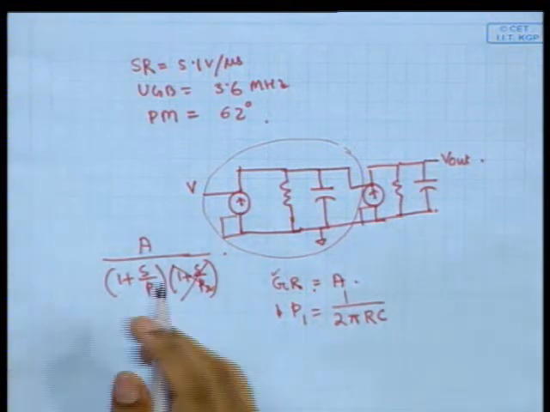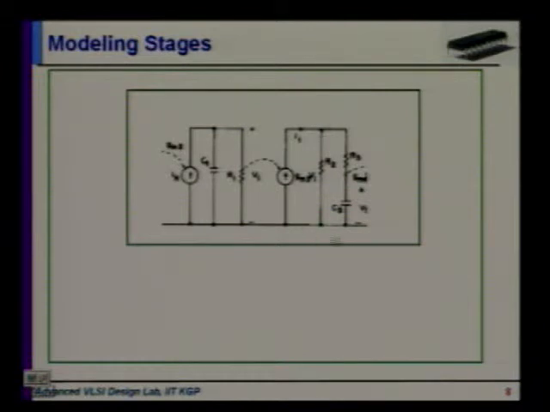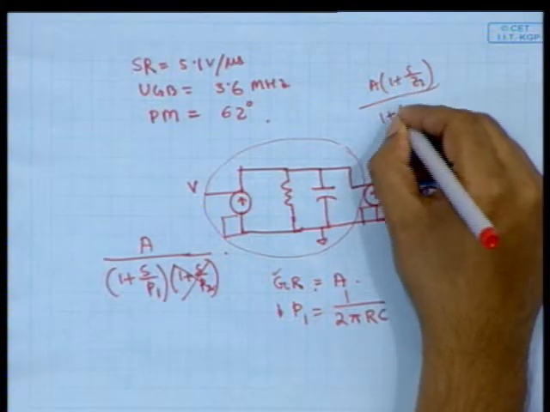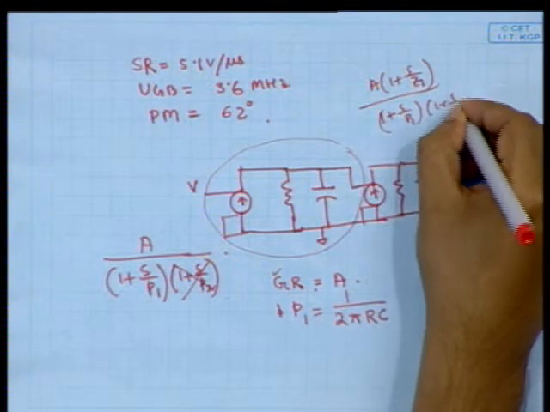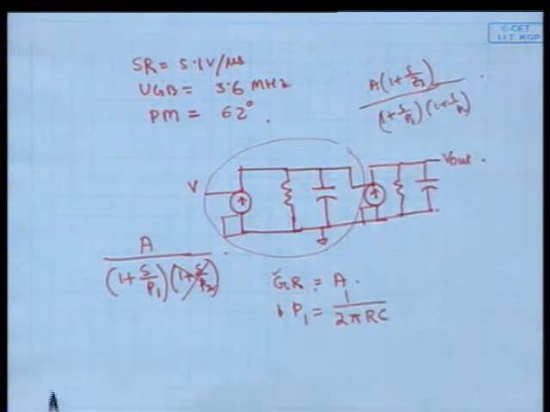There is another stage. If you see the second stage, it models another zero also. If you solve this one, you will get this type of function.